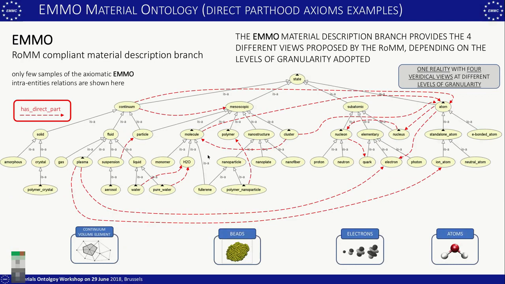We also started to build a material ontology for the EMMO by using the continuum, mesoscopic, subatomic, and atomic entities, and the direct product to build a draft, a raw material entity that can be used to describe entities of the real world.